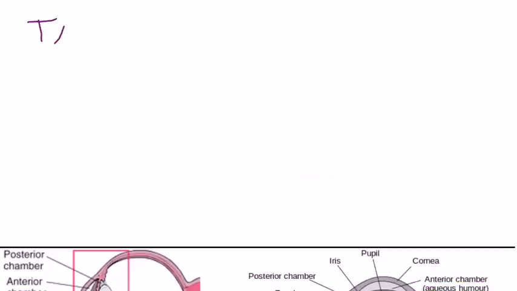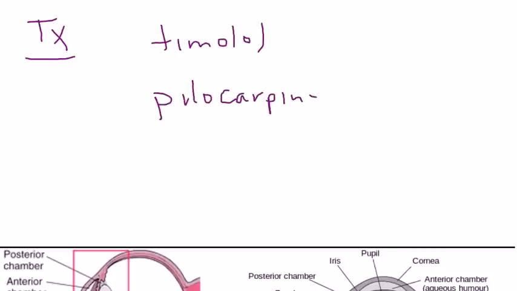Okay, so then how do you treat it? Well, there's several medications, of course eye drops, that are used, and I want to touch on three of them. After I list them, I'll explain why each one is used to treat.